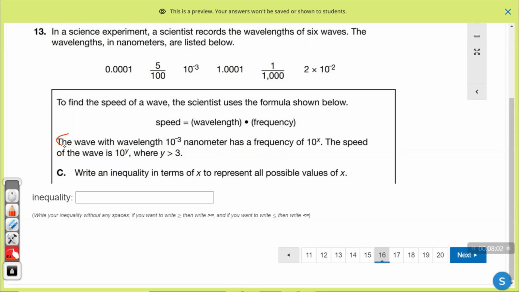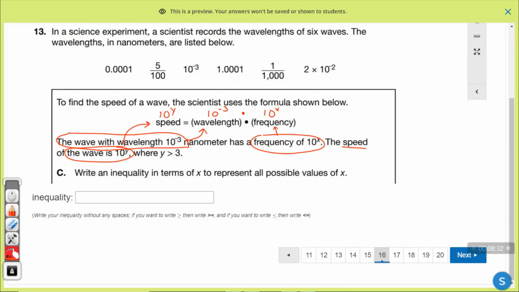It says the wave with a wavelength of 10 to the negative 3. All right, that is our wavelength, so I'm putting in 10 to the negative third here, times our frequency of 10 to the x. We're putting in 10 to the x here. We're substituting for our frequency. And the speed, all right, says the speed of the wave is 10 to the y, so that's going in right here, 10 to the y.